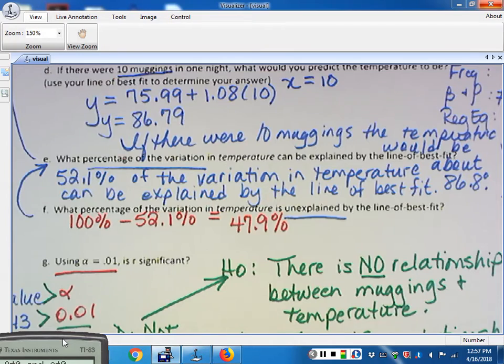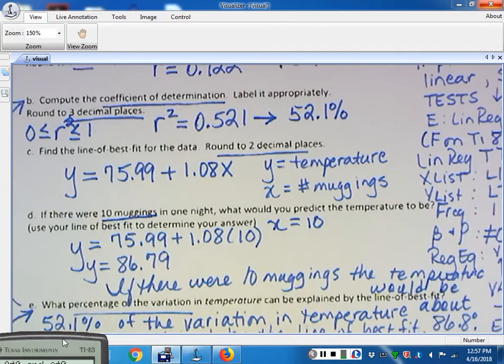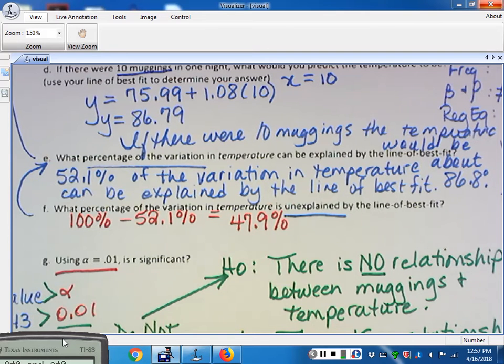So we've answered all these questions, and we're seeing really in these last two that because of that one lousy little point, even though it does look like there ought to be a better relationship, it's about a 50-50 deal on whether or not temperature has anything to do with how many muggings take place. So what we're going to do is one last thing and see how some things change.